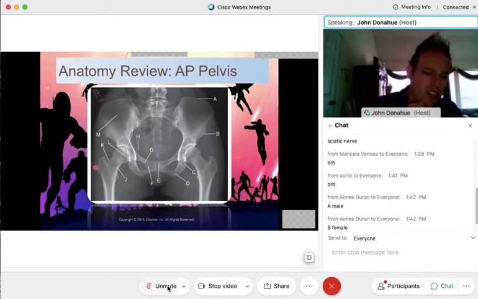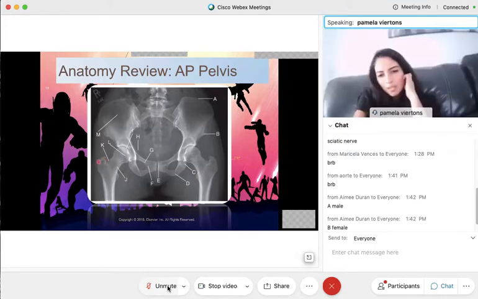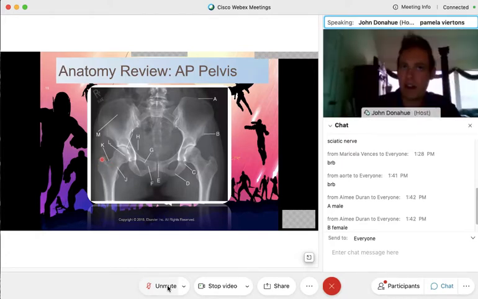And Pamela, let's do K. K should actually be on this, well, K is actually pointing to the neck as well, but let's pretend K is pointing to this protrusion right here where my cursor's on. What is that? It's greater. The greater trochanter, correct. Stephanie, what about this little protrusion down here?